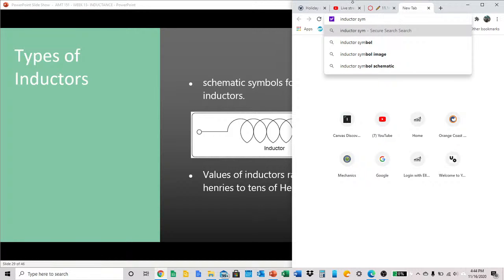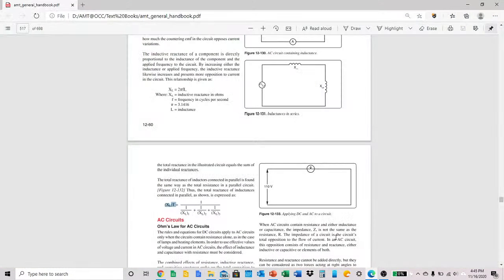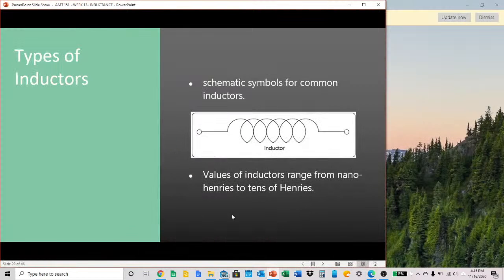I actually think there's an example in your book. Instead of the circle-y wire schematic diagram, you can also have multiple little humps right here. So that's also your symbol for inductor. Values of inductors range from nanohenries to tens of henries. So they can be very, very small, or very, very large.